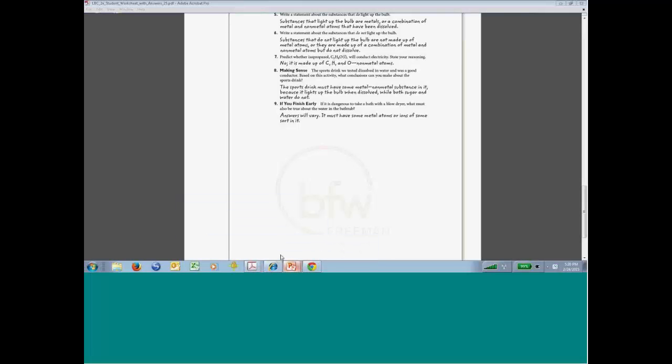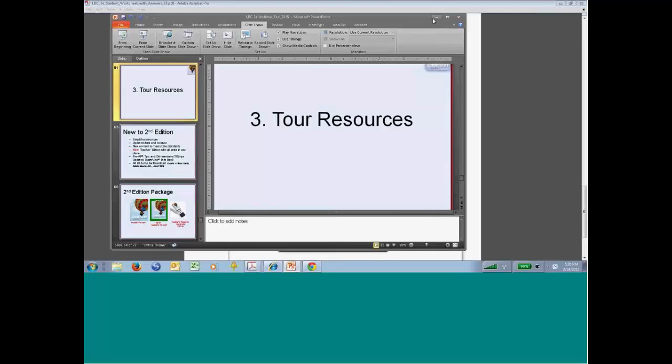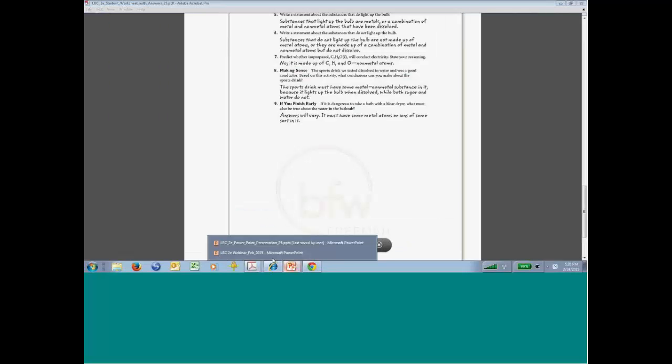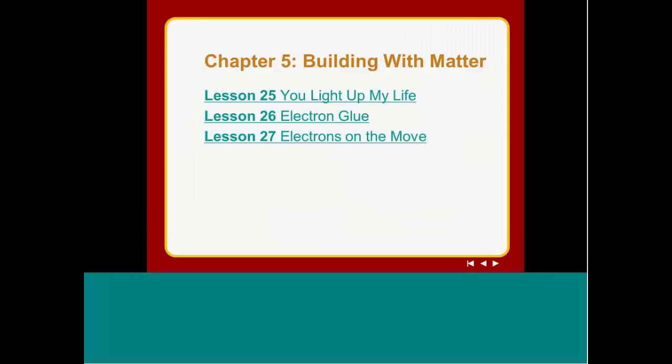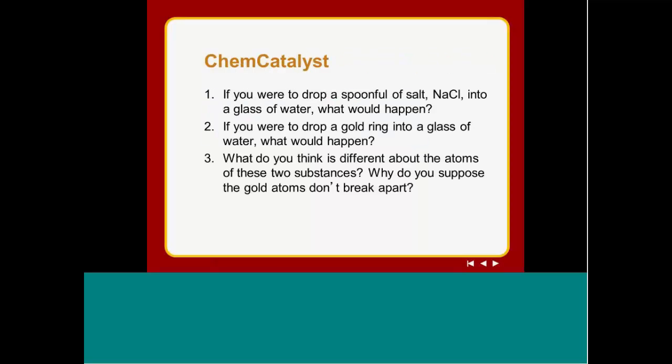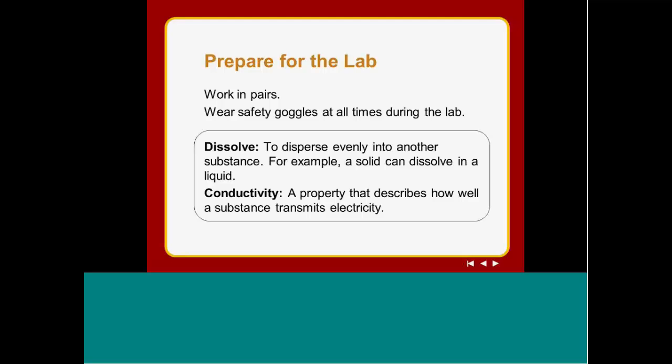We also have, and I wanted to point out here, a PowerPoint. Oops, that's the wrong PowerPoint. A PowerPoint for every lesson. So every lesson of Living by Chemistry, you can quickly look at this one. We've put in the information where if there was a chem catalyst question, you can display it.